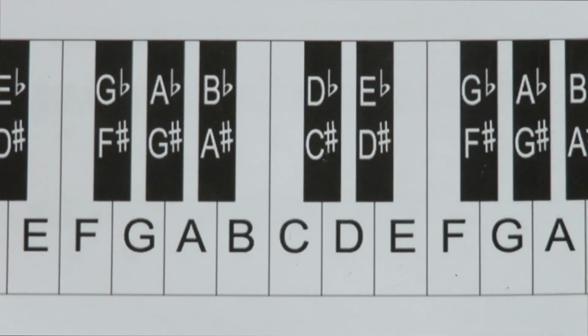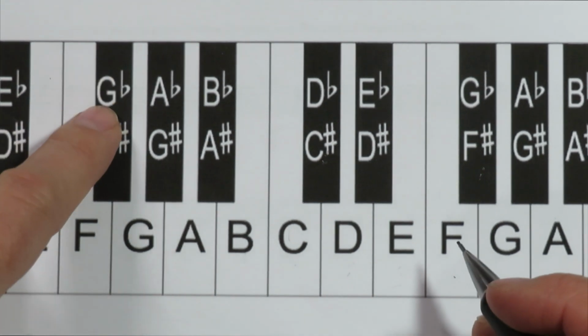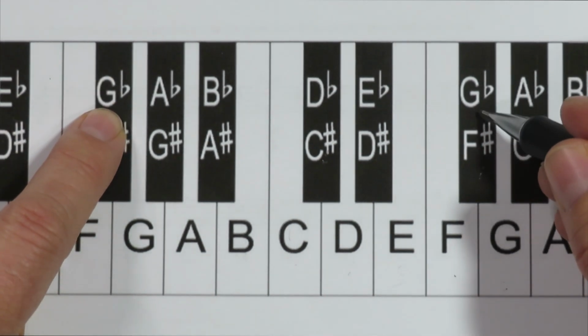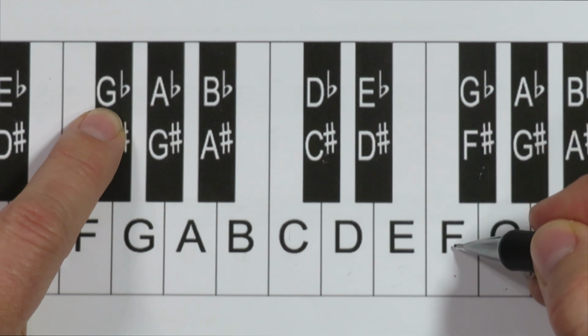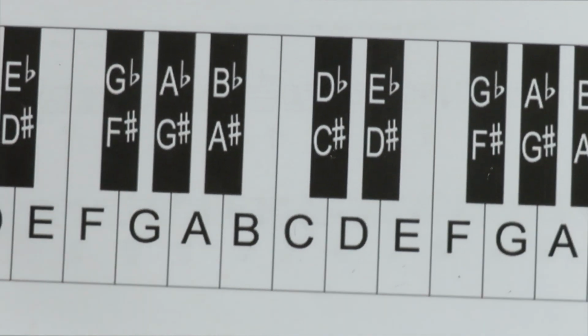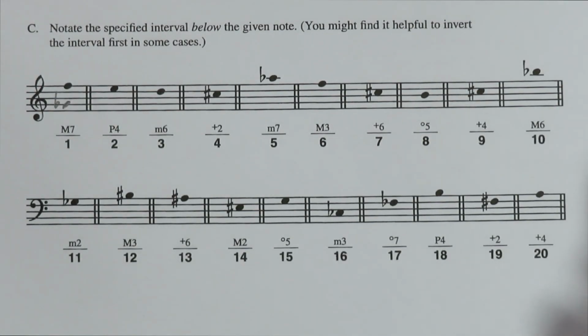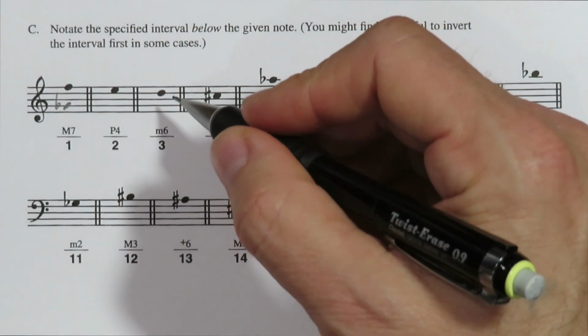And we look here, we have G flat to G flat, perfect octave. We lower it a half a step, and it becomes a major seventh. Okay. The next one, we have a minor sixth.